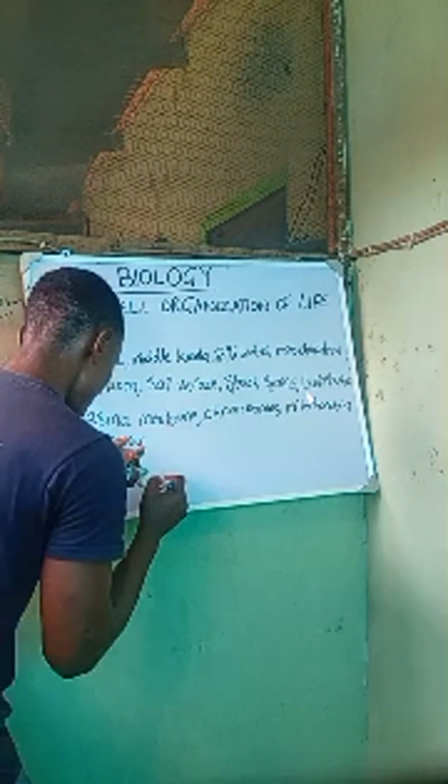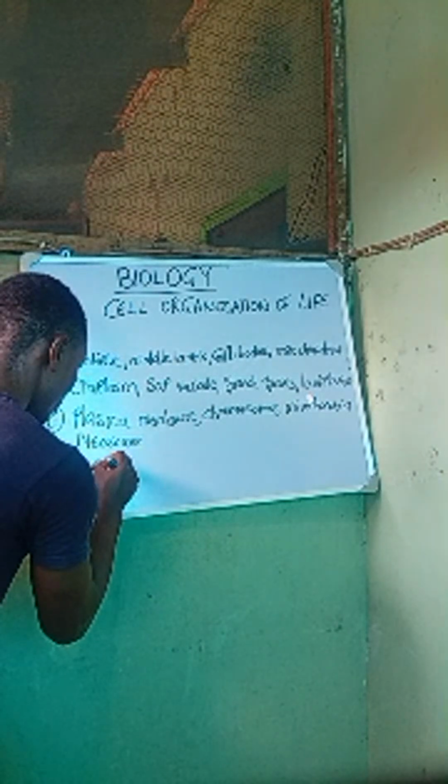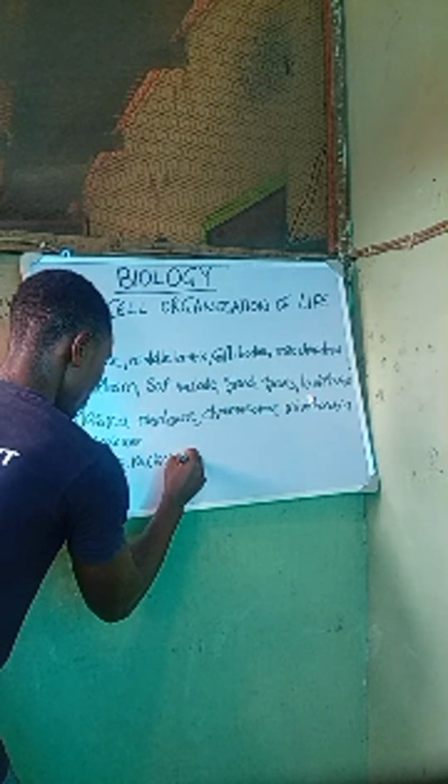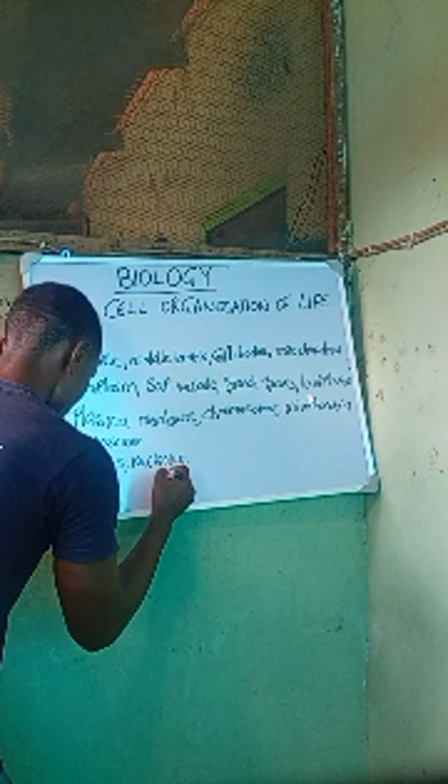D: we have the nucleus and the cell wall.